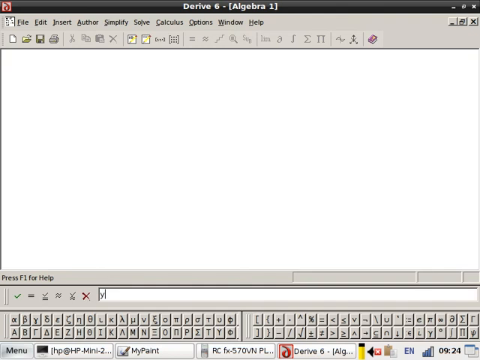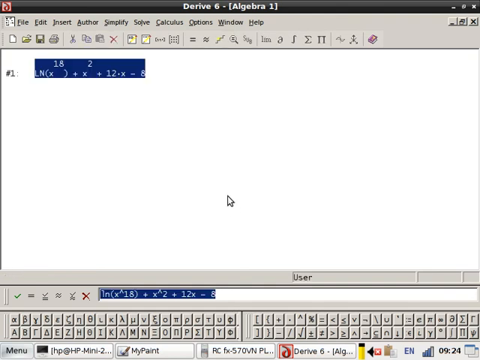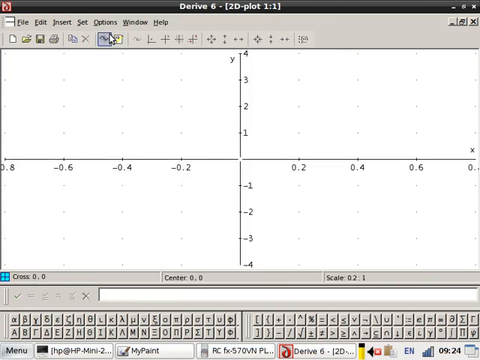Let's have a look. Y equals log x to the power 18 plus x squared, minus 8. I don't really need the y. So let us graph that. It's a weird shape.